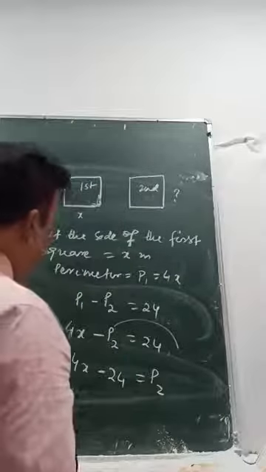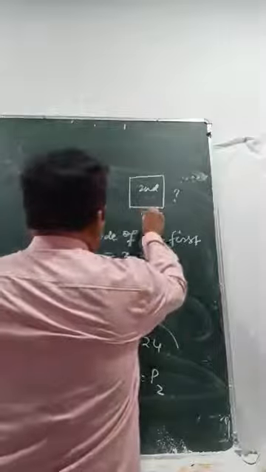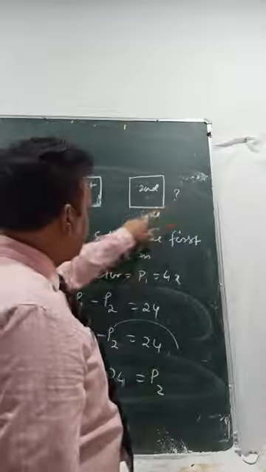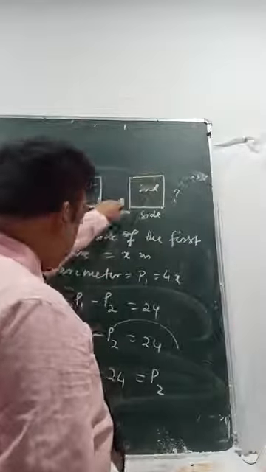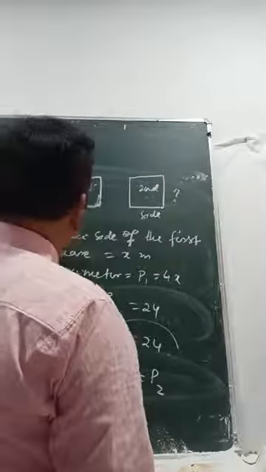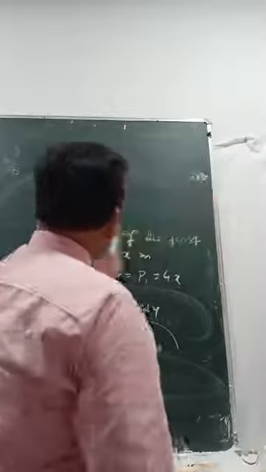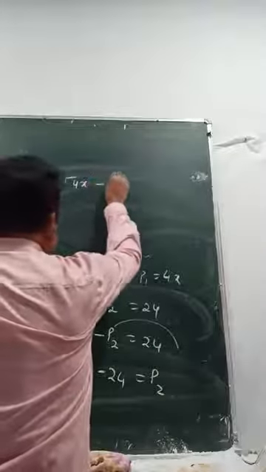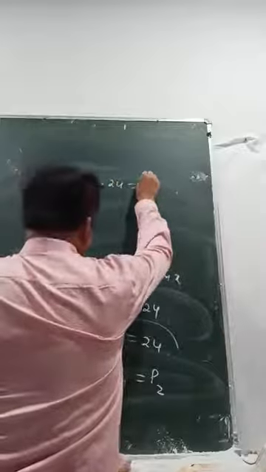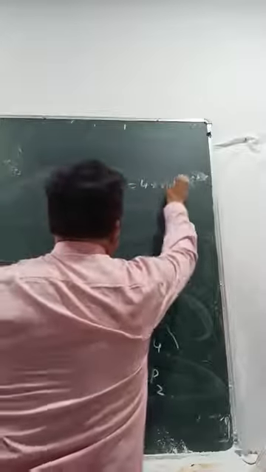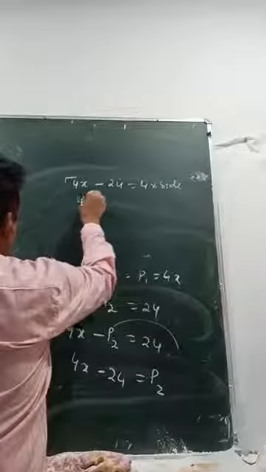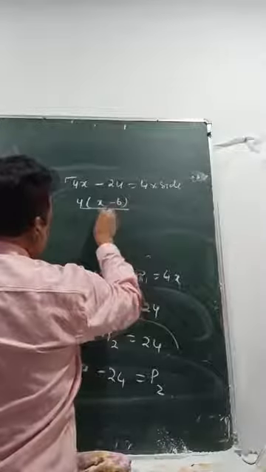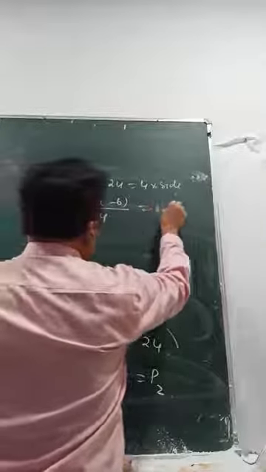So P2 means what? A side. Perimeter means 4 into side: one side, two sides, three sides, four sides. So you write 4x minus 24 is 4 into side. So 4 common, x minus 6. This 4 will come here, equals to side.